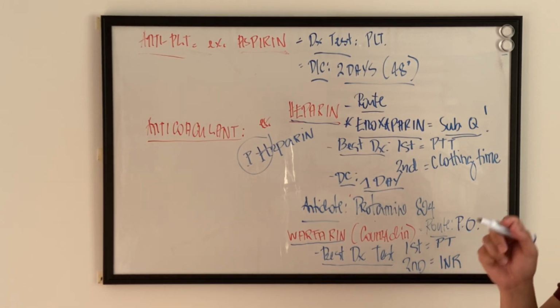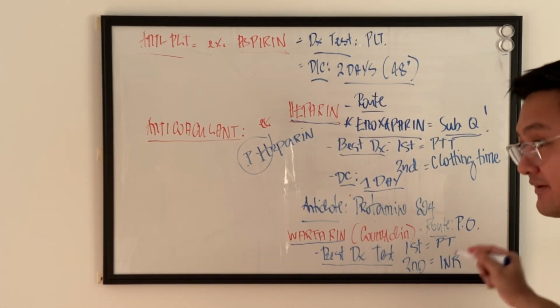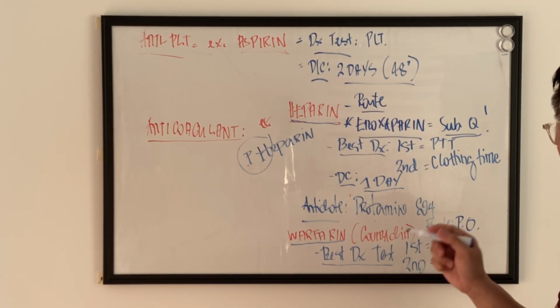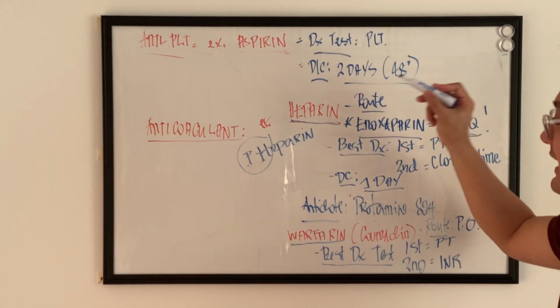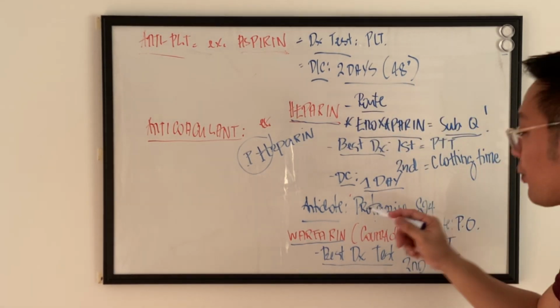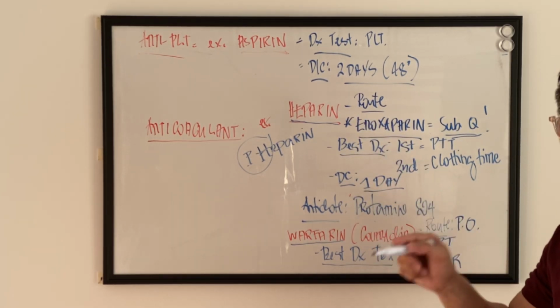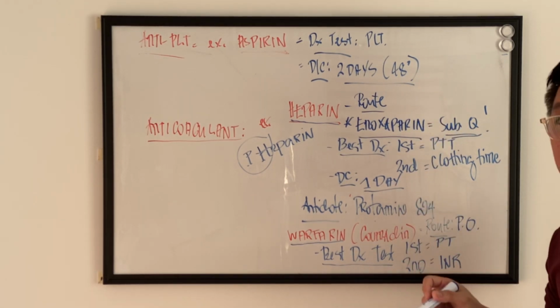Okay, remember the statement I mentioned a while ago: the therapeutic level must be 2 to 2.5 times higher than the normal level. So if your patient takes heparin, or if your patient takes warfarin, their therapeutic level must be 2 to 2.5 times higher than the normal level because you're taking these drugs.